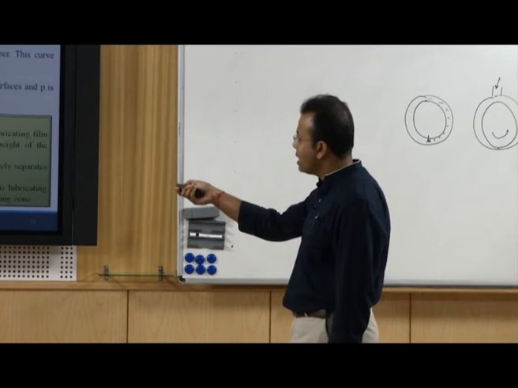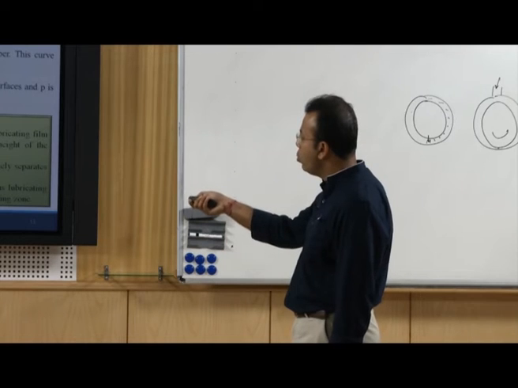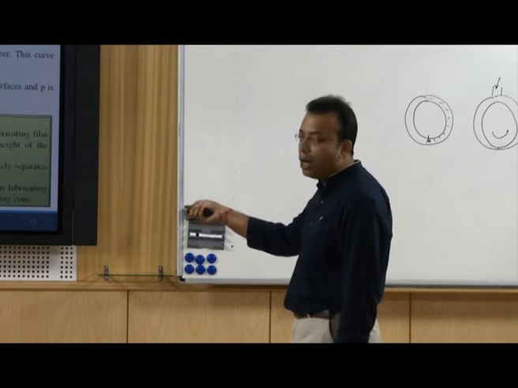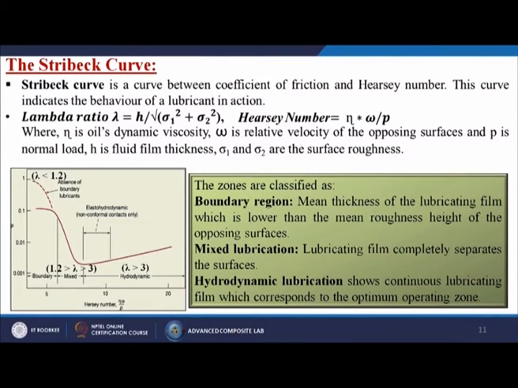So, the zones are classified as boundary region, where the mean thickness of the lubricating film is lower than the mean roughness height of the opposing surfaces; mixed lubrication, where the lubricating film partially separates the surfaces; and hydrodynamic lubrication, which shows a continuous lubricating film and corresponds to the optimum operating zone.